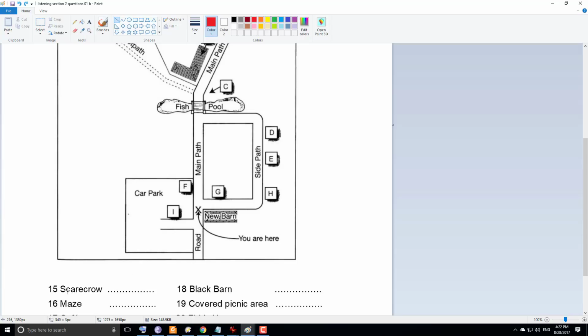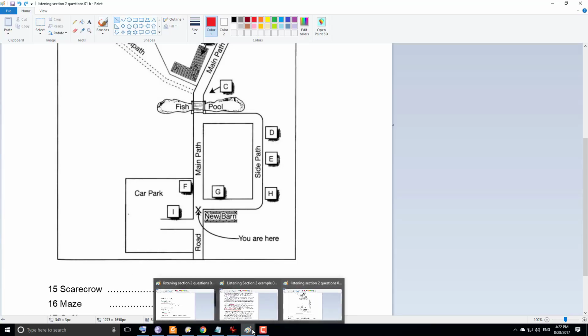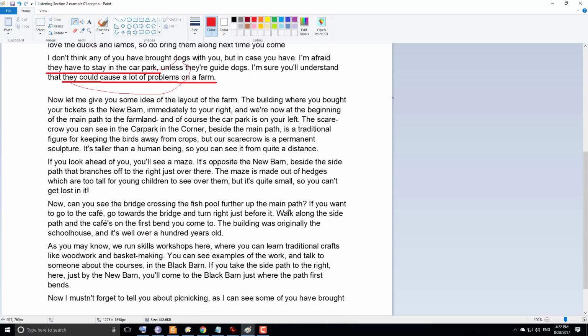For example, if you look at the script where they talk about the scarecrow, let's see here. Okay, so here is mention of the scarecrow. So when I say they give you 2 clues, what I mean is, like here they say in the corner, beside the main path, multiple clues.